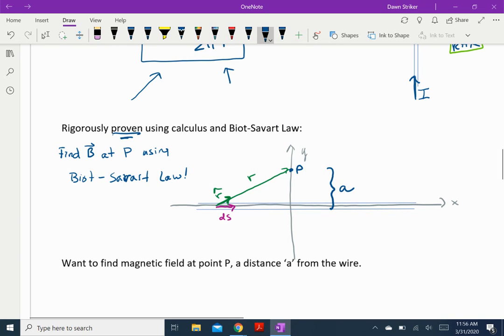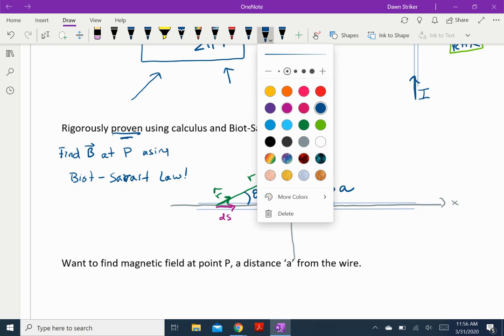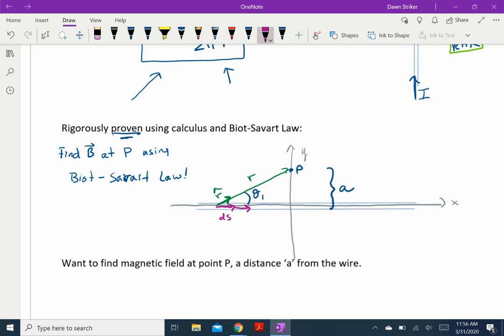And then I also need the angle. So here's theta 1. And I would like to find the total magnetic field due to this section of wire that goes from here all the way up to the other side, about right here. So I would like it to be nice and symmetric. That makes the math pretty easy.